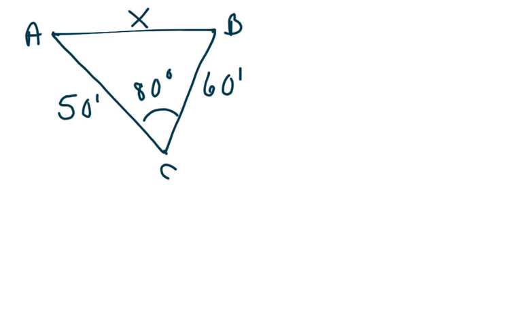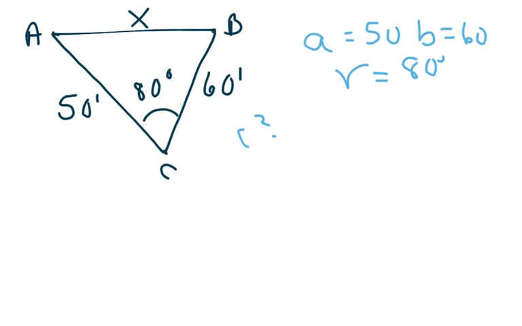I'm going to use the law of cosines on this. I'm going to let A equal 50, B equals 60, and gamma equal 80. And I'm going to find C, which is X in this case. We're going to get C squared.